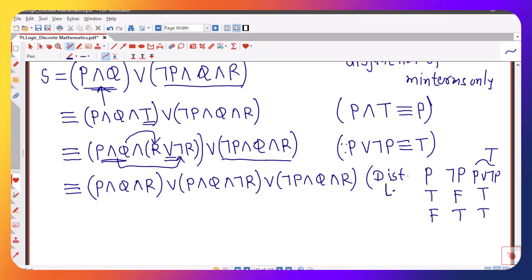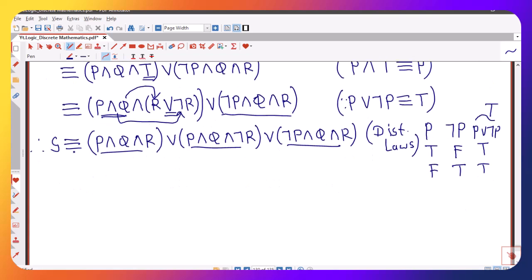Whatever logical equivalence or logical laws we are using, we will mention in the bracket. Now you can see all these are min terms containing three variables and they are connected by OR operator. Therefore we have S is disjunction of min terms only. Therefore this is the principal disjunctive normal form of the given formula capital S.